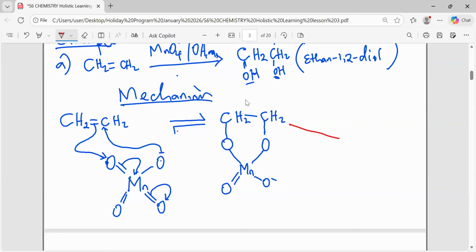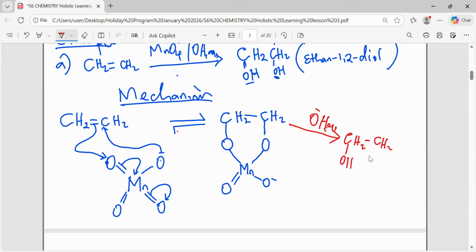You recall in our reactants we have a manganate ion and hydroxide ion. So what we're going to do is addition of the hydroxide ion here. When we add hydroxide ion, it is aqueous. So the whole of this manganate will break, and then the hydroxyl groups will attach. Here we shall have CH2.